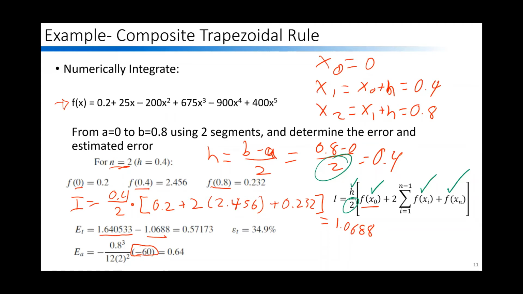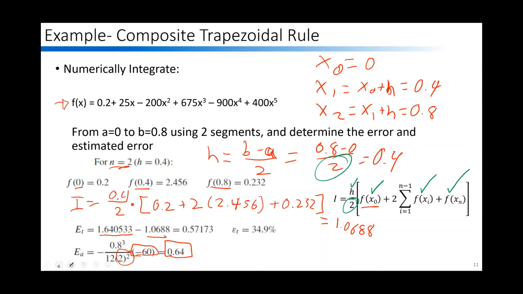This is going to give me 0.64. Here I have this 2 squared because I need to take that h into account. Right? So we can see that we're dropping in error as we're going through here.